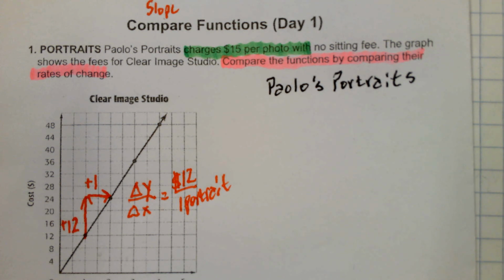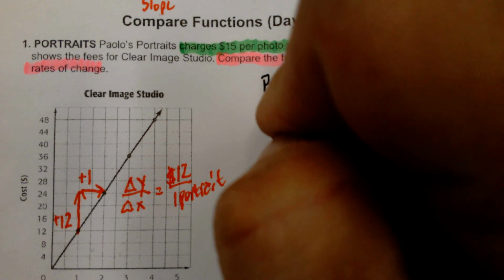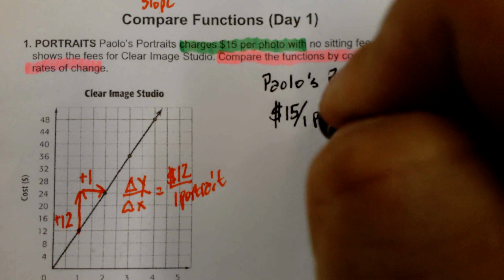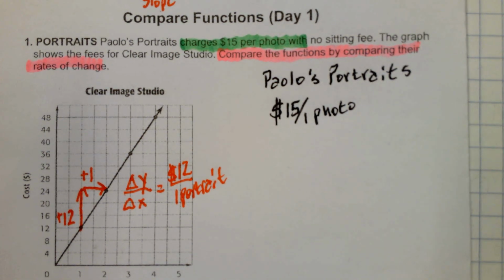So let's go ahead and write that down. So we just figured out, one, just by literally plucking out of the sentence here, how much Paulo charges, and then finding the slope with rise over run, we figured out how much Clear Image Studio charges.